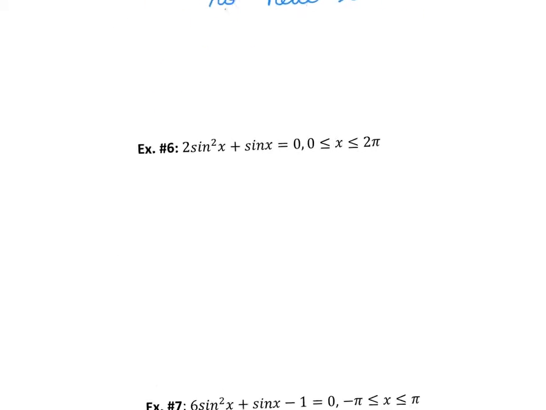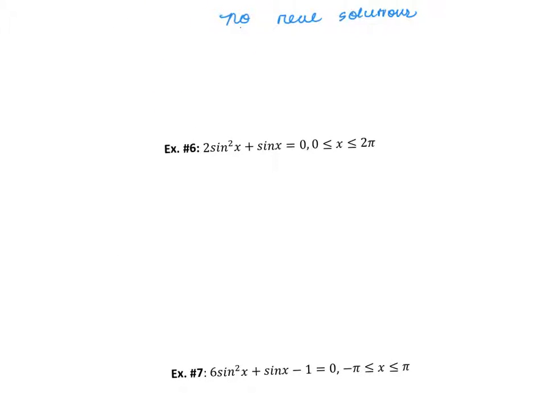The next one, you can treat, again, sine x as x, because you're going to be using substitution here, so just make x equal to sine x. And then start factoring, so we're really looking at 2x squared plus x is equal to 0. We can factor that.